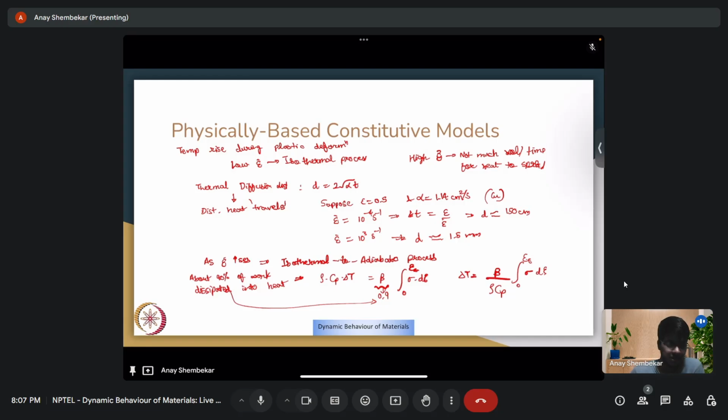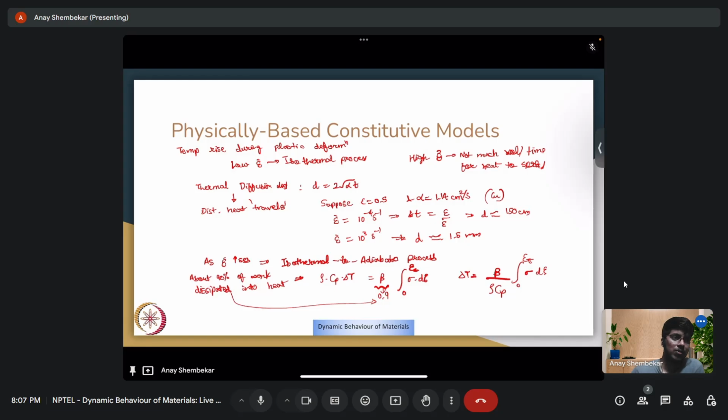As the strain rate increases, material doesn't get as much of a chance, making the heat much more localized, therefore you can think from a local thermodynamic perspective that the process for the low strain rate looks pretty much like an isothermal process, whereas the process for a high strain rate loading looks much similar to an adiabatic process.